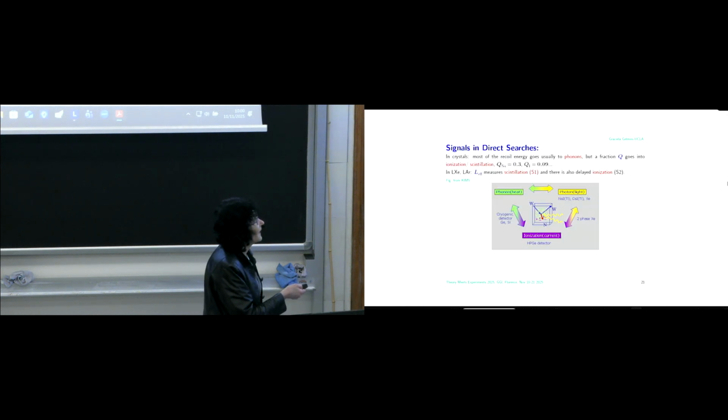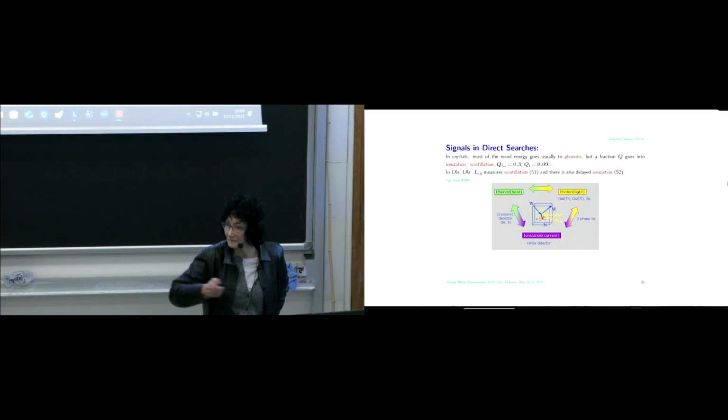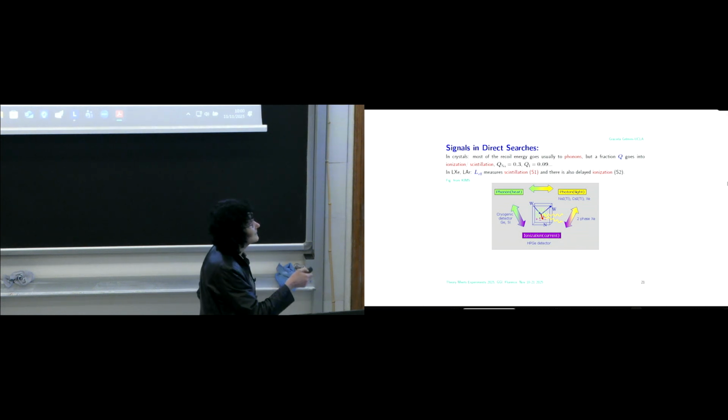And there are various ways in which you measure. Usually you measure either phonons, you shake your lattice and it produces some phonons. If you wait long enough, these phonons actually transfer into heat, and you can measure the heat. You can produce photons, light, or you produce ionization.